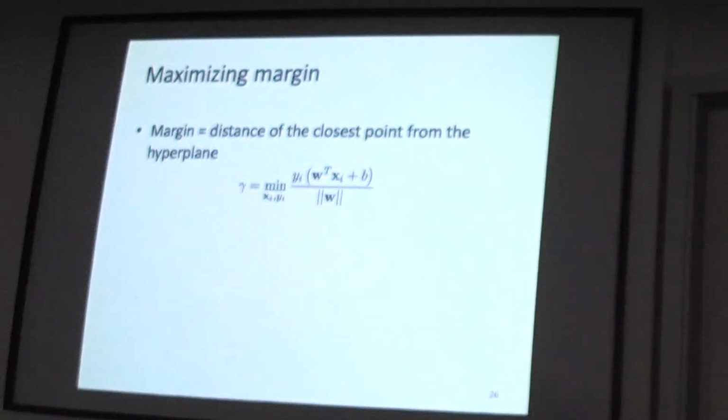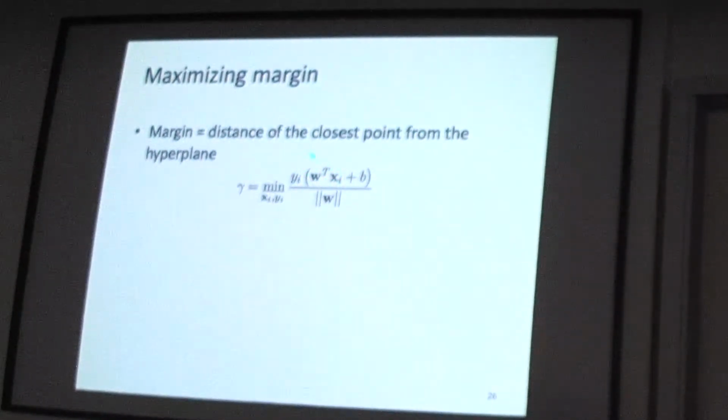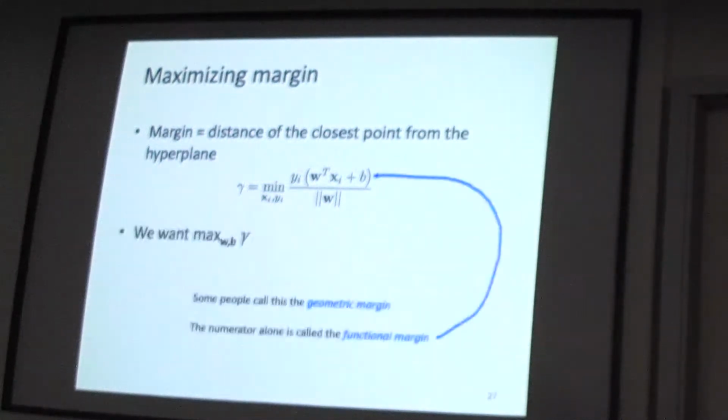And remember, because we assume that our linear classifier can correctly predict all examples, the numerator can be simply written as the product between the ground truth label and the decision score. Note that if you can correctly predict xi, then this product is always non-negative. So you don't need to take the absolute value of the prediction score.